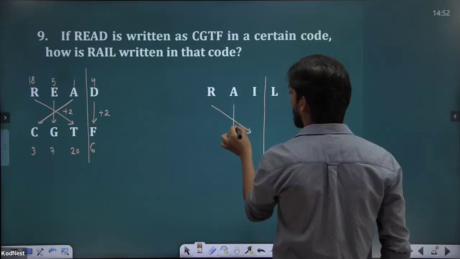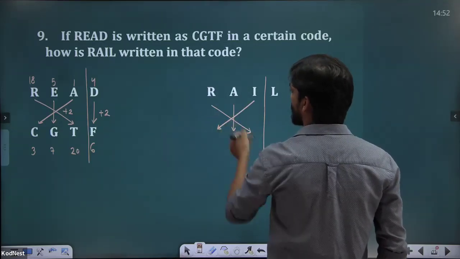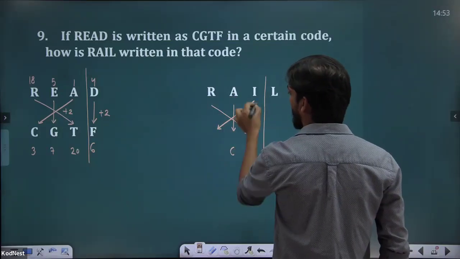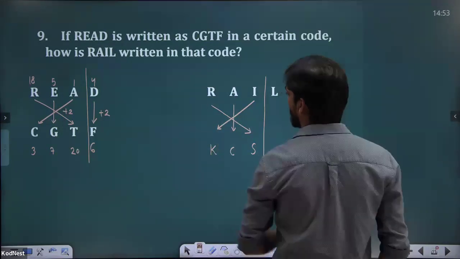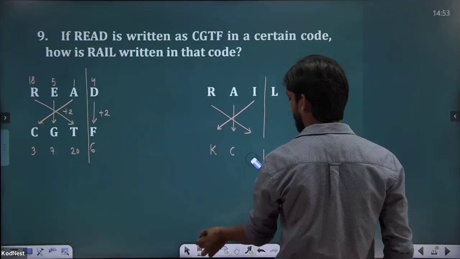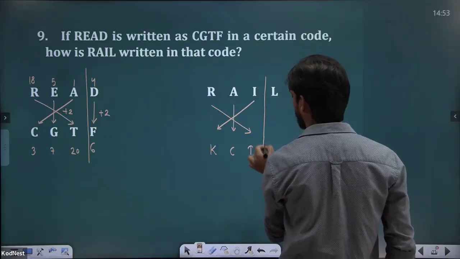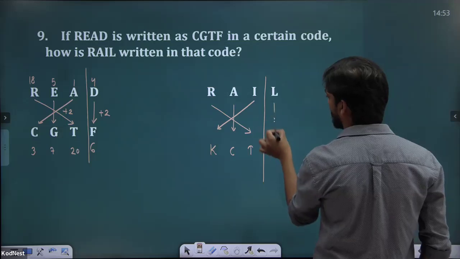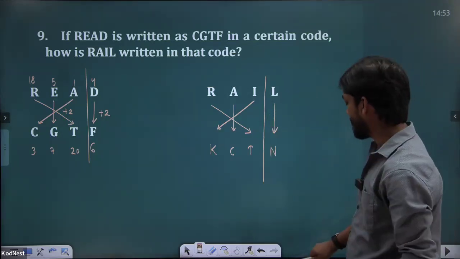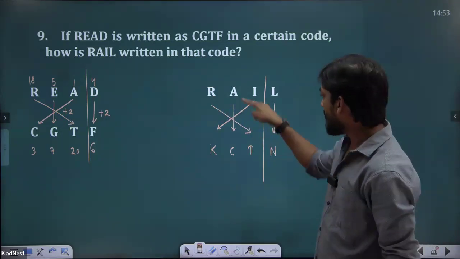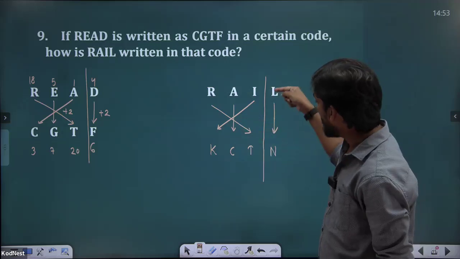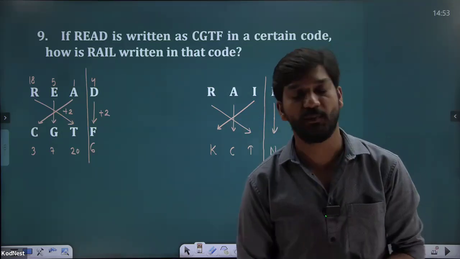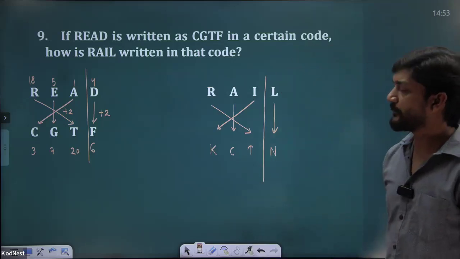R, S, T, A, B, C, I, J, K, and L, M, N. So this is what you will get. K, C, T, N, you will get. The same pattern you have to apply for the second word also.